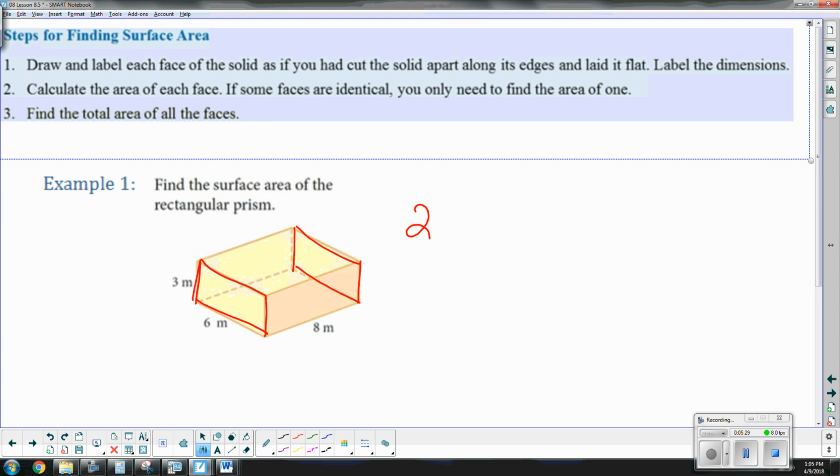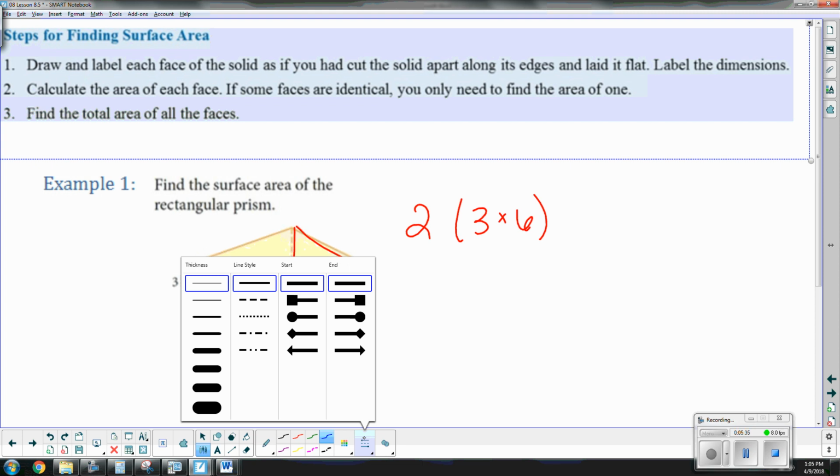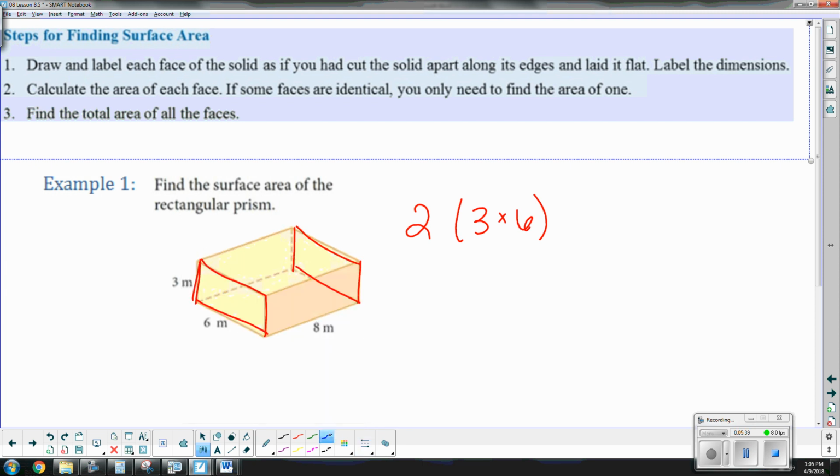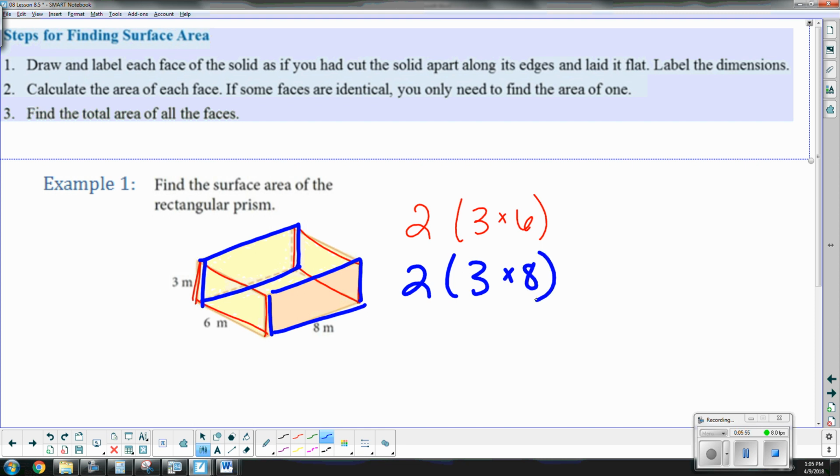So we have two faces that are 3 by 6. And then we also have this face here that measures 3 by 8, which is the same as this one here. So we have two faces that measure 3 by 8.